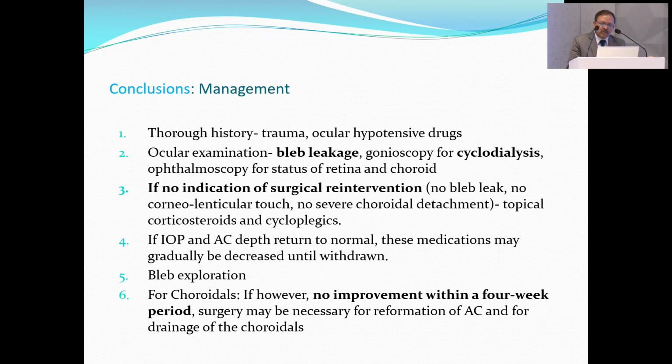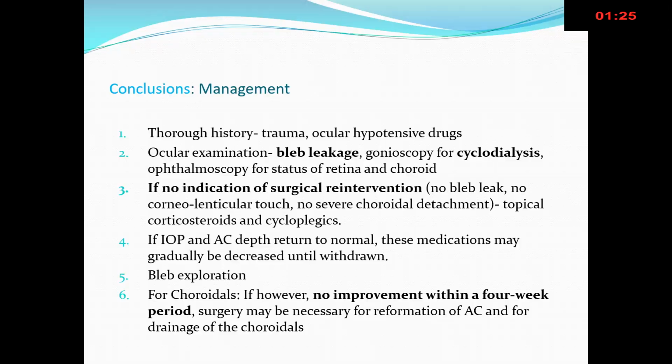So in conclusion, take a thorough history of trauma or ocular hypotensive drug use, do an ocular examination for bleb leak, gonioscopy for cyclodialysis, and check the status of the retina, whether there is hypotonic maculopathy. If there is no indication for surgical intervention, then you can manage this conservatively with topical and oral steroids and cycloplegics.